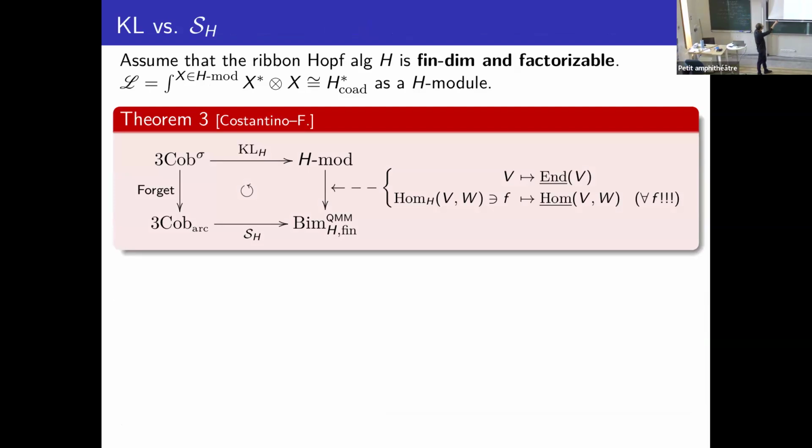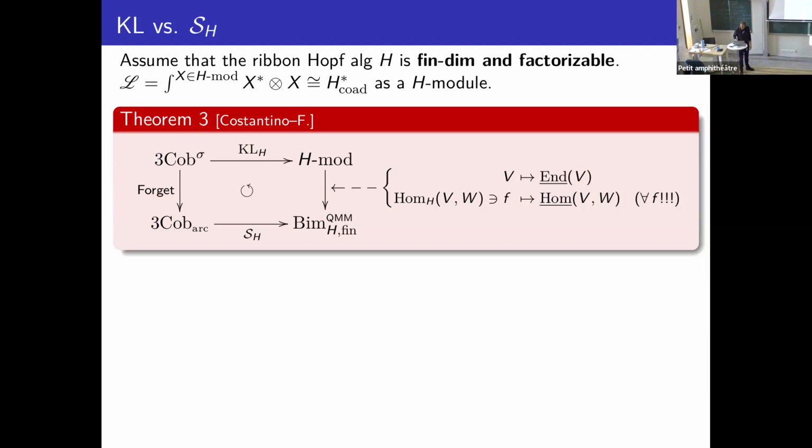On the right, you have a very stupid functor, which I have actually started to explain here. So you see, to any object in H-mod, you can associate the internal End, which is an algebra, okay? And to any morphism between V and W, you associate the same bimodule. And this bimodule is exactly this internal Hom.